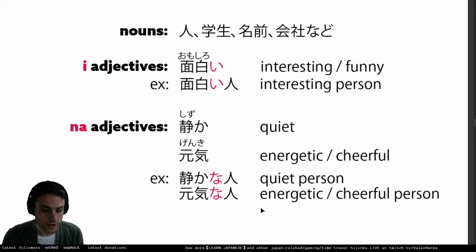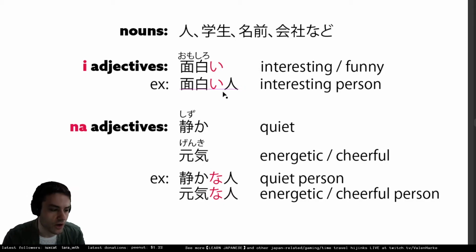Yes, you can. So the only difference in constructing sentences with these two different types of adjectives is if the adjective comes fully equipped out of the factory with an i at the end, you do not have to add anything. There are rare exceptions to this that I will teach you later. Like kirei, pretty. Kirei na hito. You have to add na to that.